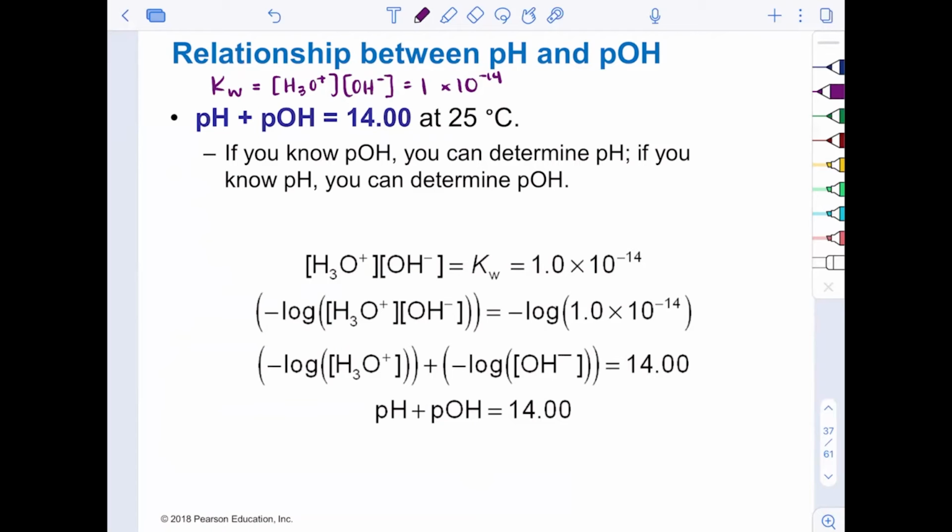If you know the pOH, you can determine the pH, and if you know the pH, you can determine the pOH. And again, remember, it's all based off of that Kw, the autoionization of water. It's very important to remember these two values, Kw and pH plus pOH.